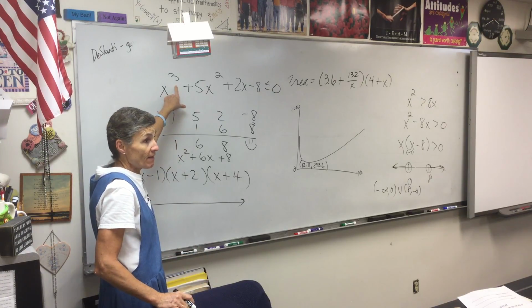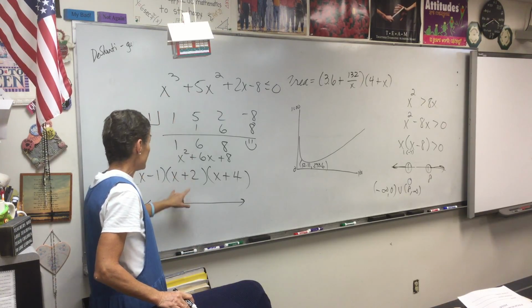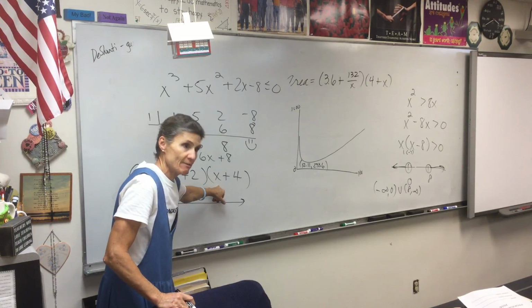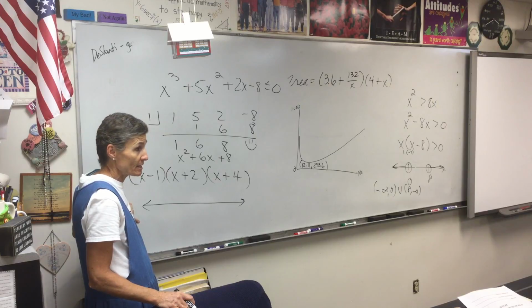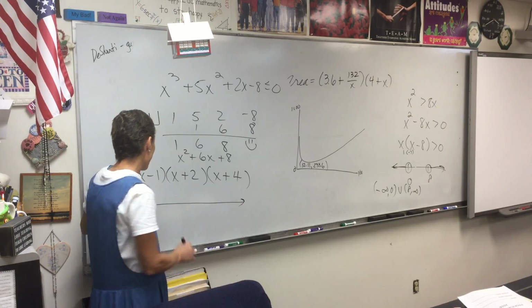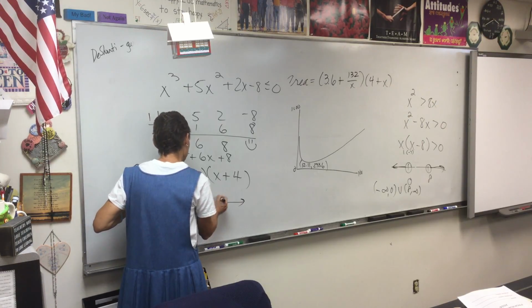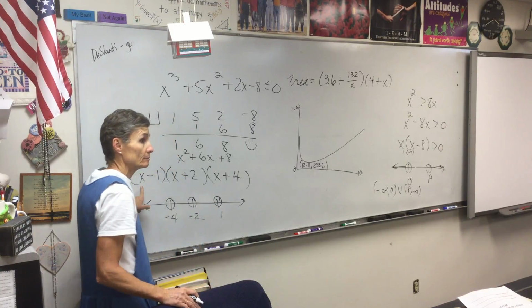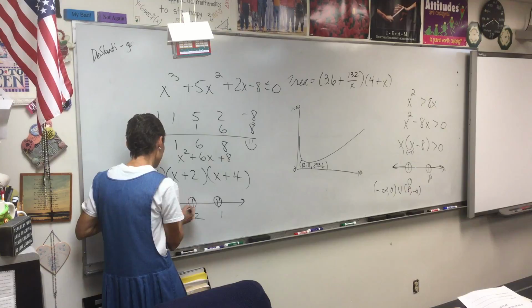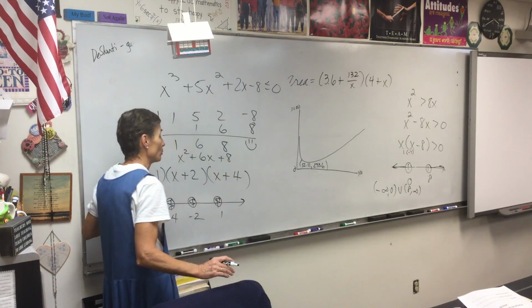There are 3 factors. These 2 you got from literally factoring. That one we guessed, right? It has to be included. So your dots are going to be at -4, -2, and 1. They'll all be closed in because the problem is or equal to.